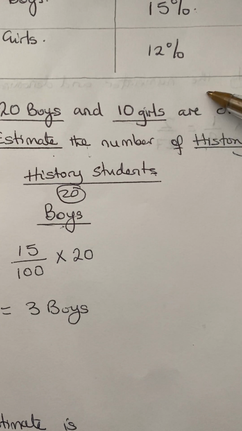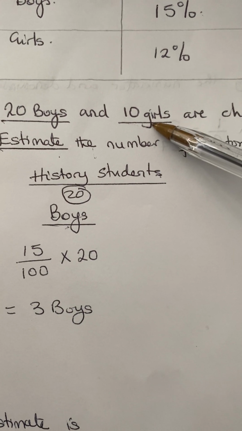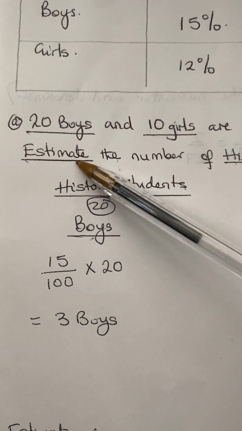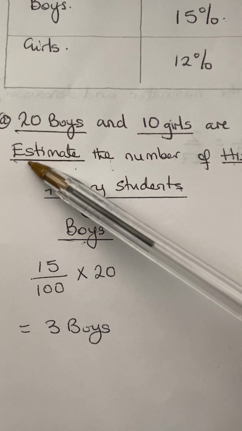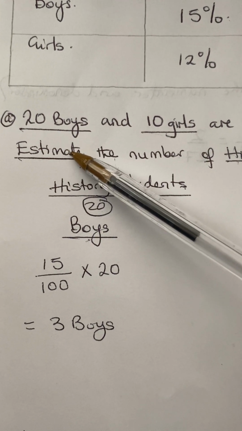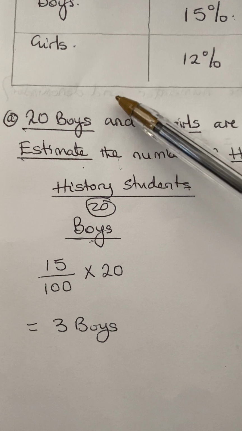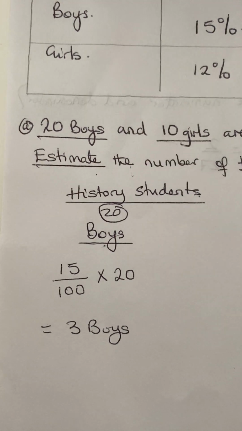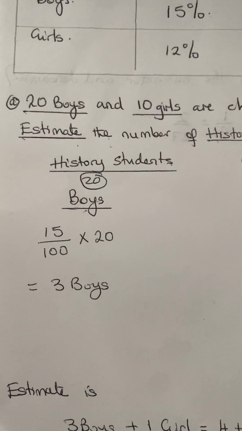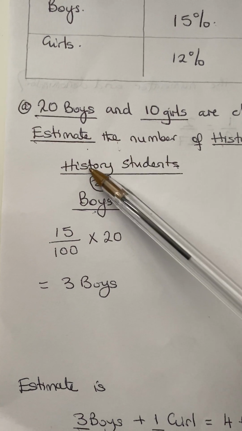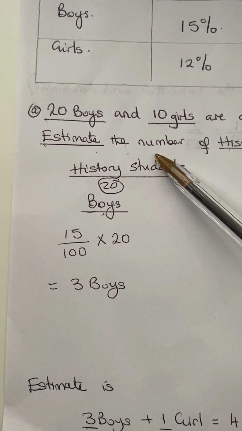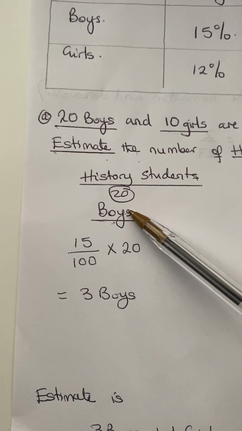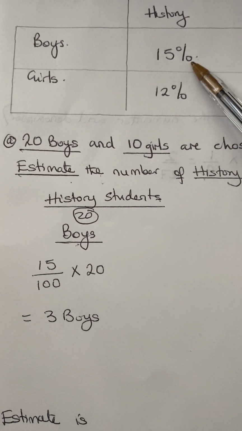It's either 5 or 6 girls. So this word alone, even though they haven't said round to the nearest whole number, it is trying to tell me a lot.